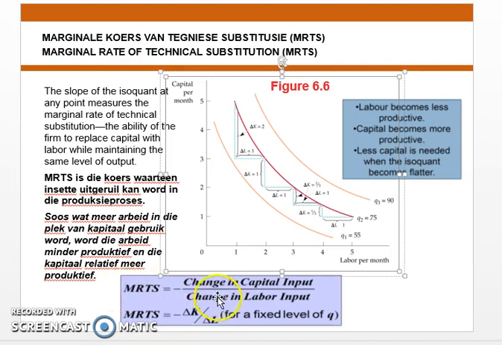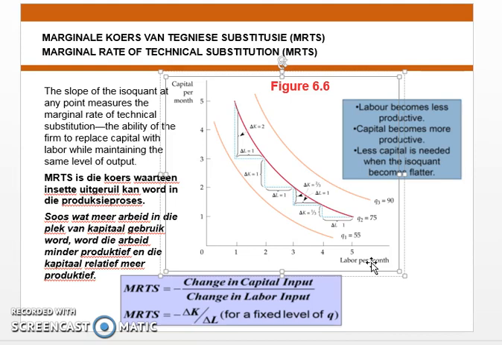Okay, so that's MRTS. It's the change in capital, or the change in Y, divided by the change in labor, or the change in X, and that gives us our marginal rate of technical substitution, or MRTS value.